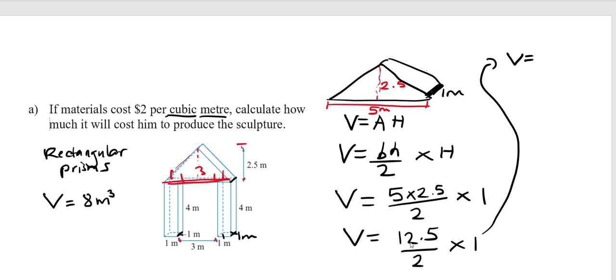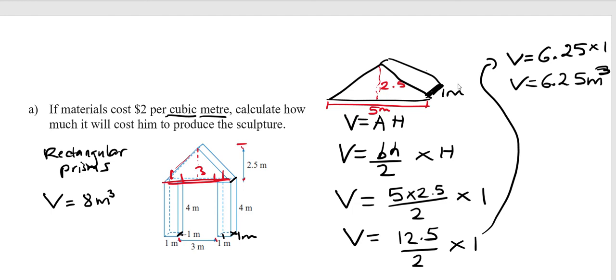Well, half of 12 is 6, and then half of 5 is 0.25. So do that one mentally. And then I've got to times it by 1, but I know that the height is just 1, so if I want to times it by 1, it won't change: 6.25. And that is the volume in meters cubed of that triangular prism.